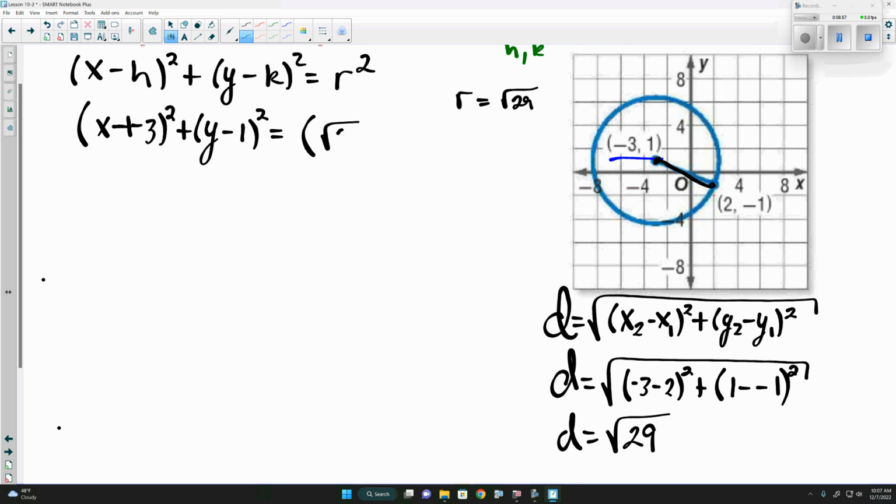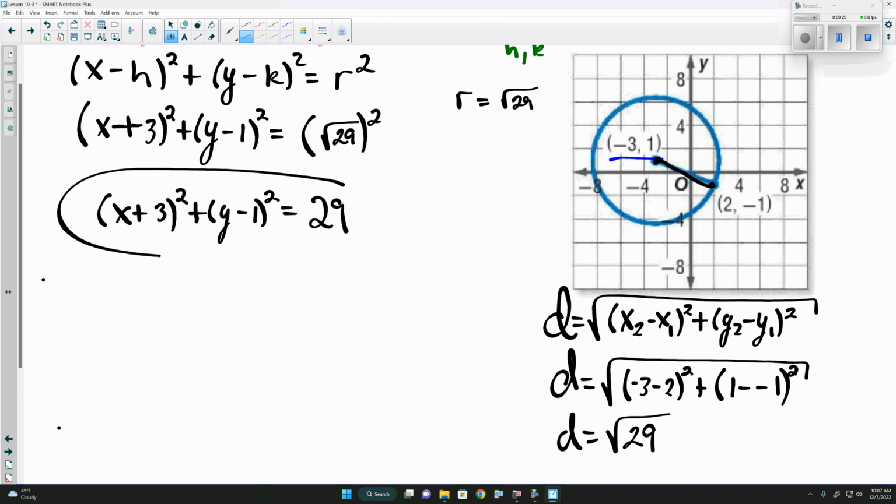So we have x plus 3 squared plus y minus 1 squared equals the square root of 29 squared, because the square root and square will cancel each other out.